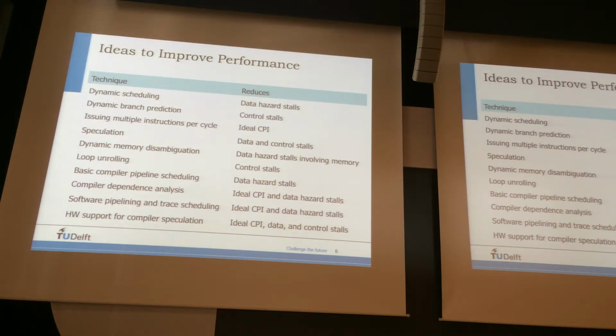Now those are some ideas on how to improve performance. And depending on what you are doing, you may have diminishing returns from some kind of control stores, data stores, and things like that. As I mentioned already, a good design should combine some of those techniques.